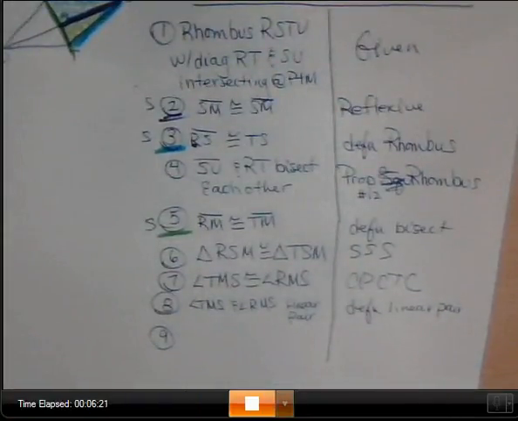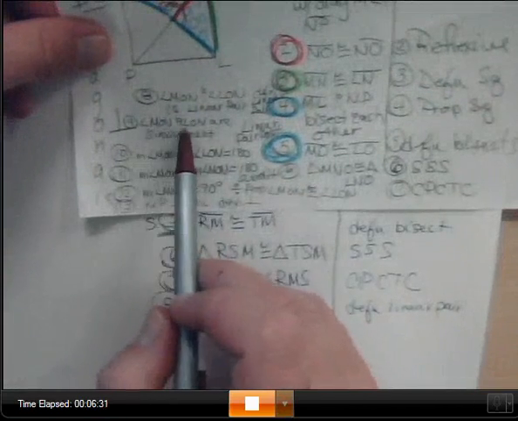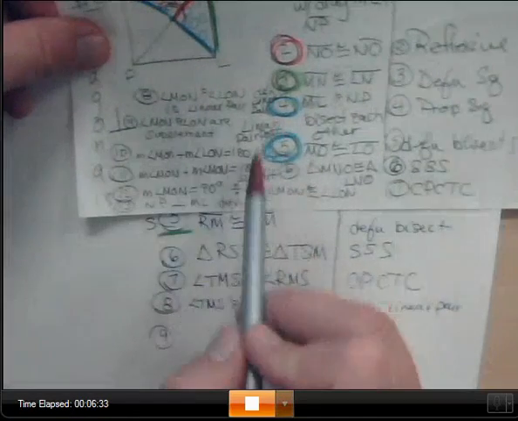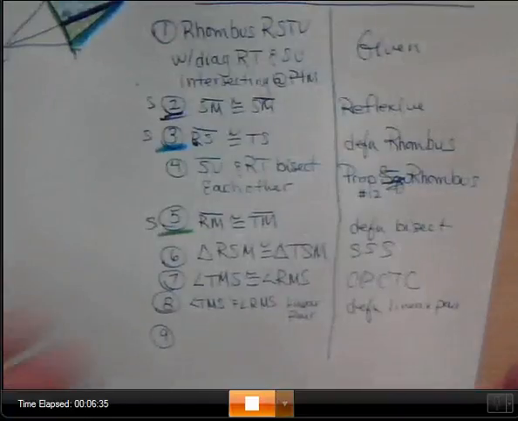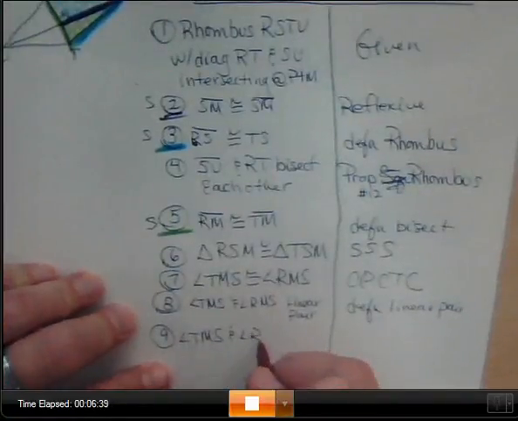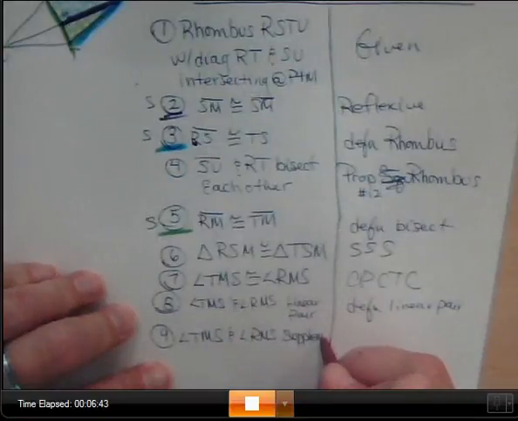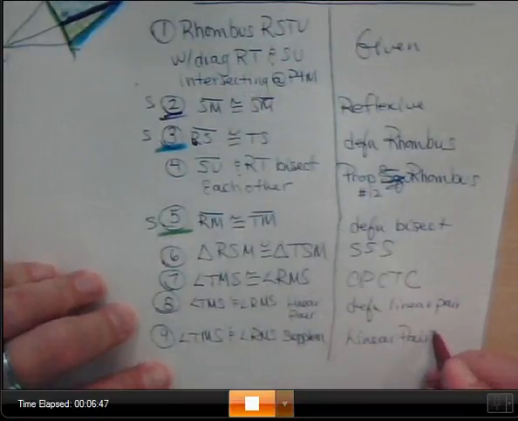Big deal. Why did I work so hard for that? Go back to your example. So MON and LON are supplementary, linear pair postulate. So TMS and angle RMS, supplementary, linear pair postulate.